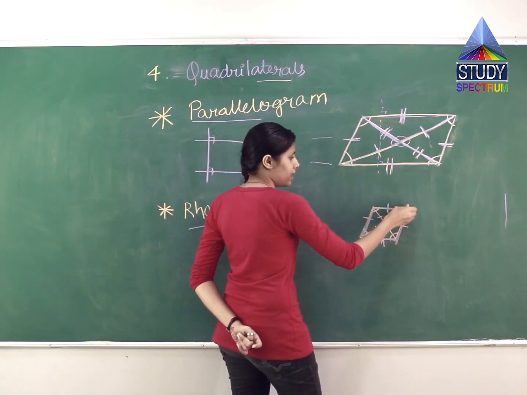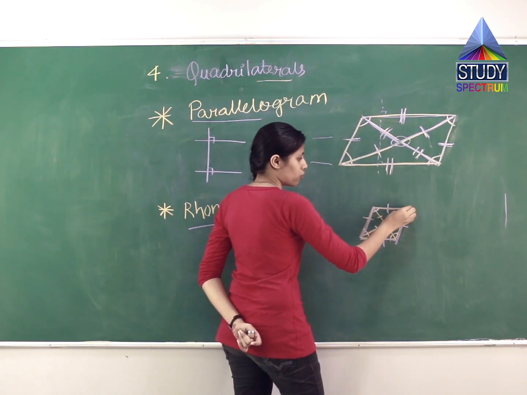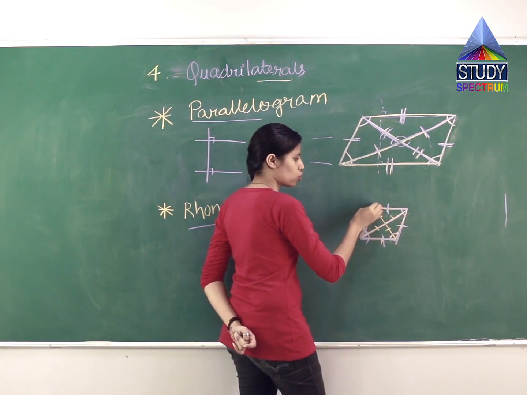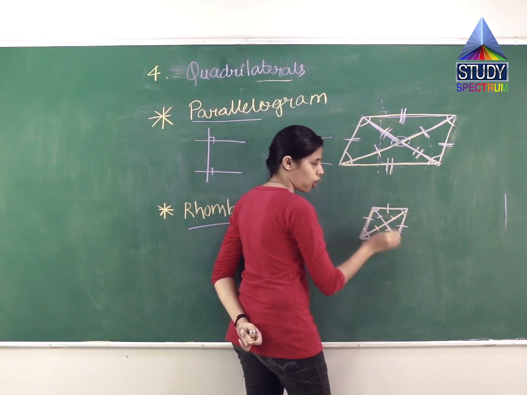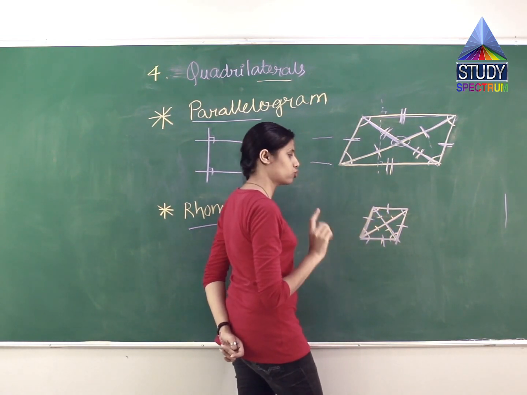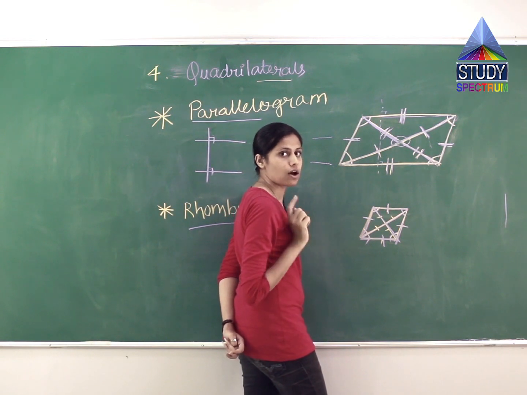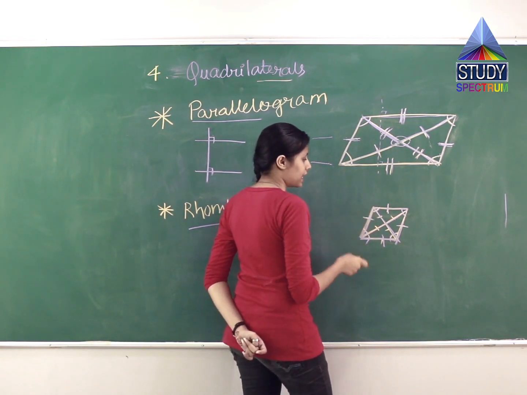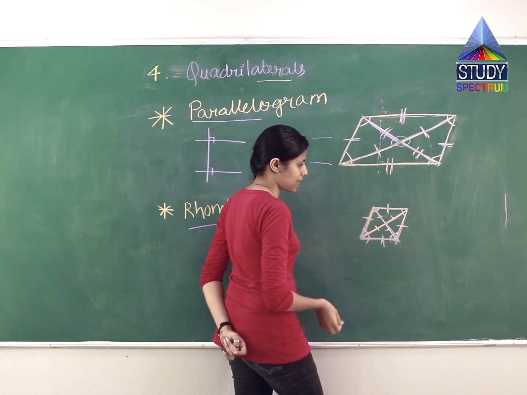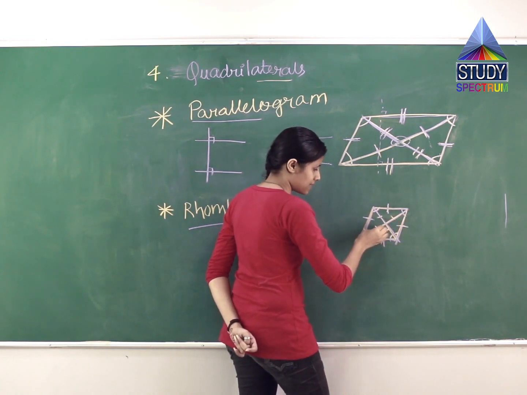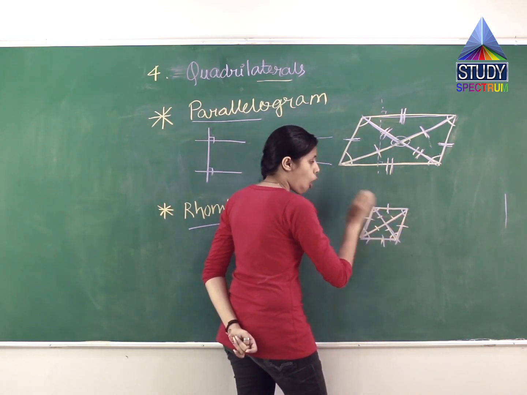Similar to a parallelogram, a rhombus also has 2 diagonals. All quadrilaterals have 2 diagonals, 4 sides, 4 angles. The third property of the rhombus is that the diagonals bisect each other equally. All the sides are equal.